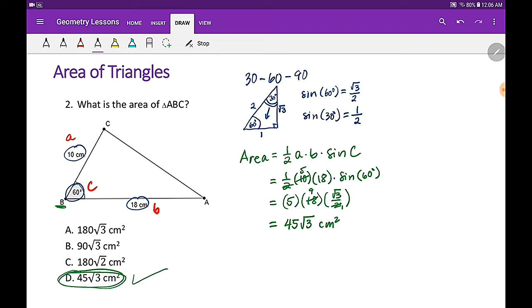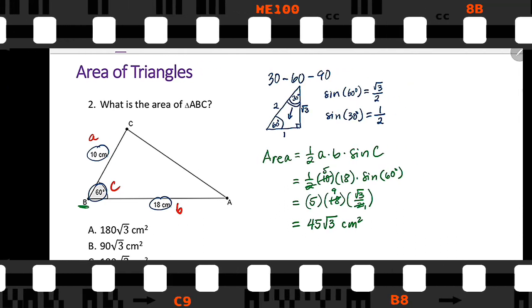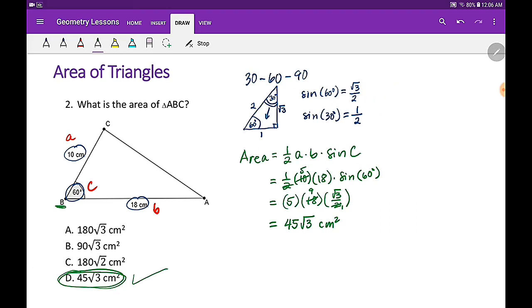All right, so when you see radicals in the problem, please do not freak out. Do know that you can do this. In the same token, it's also neat to remember the special ratio for 45-45-90.